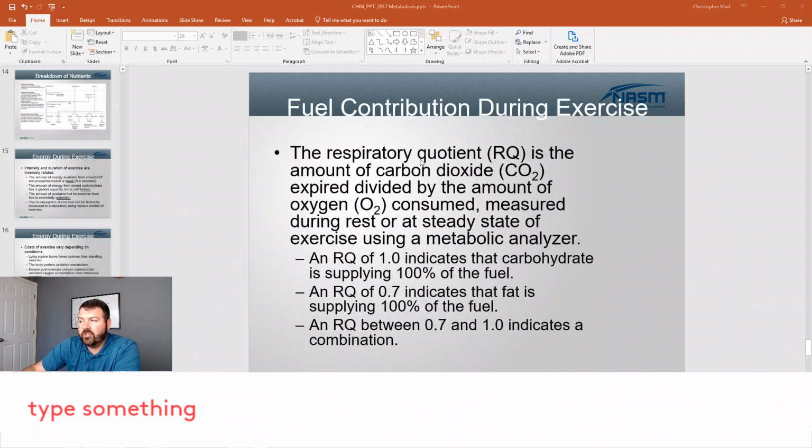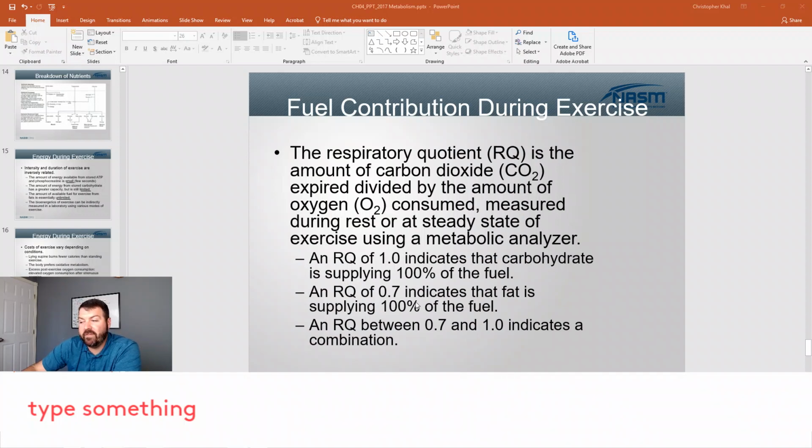And fuel contribution during exercise. So for this one, to get your respiratory quotient, it measures your CO2 and your oxygen consumption, and it varies. It's done through a metabolic analyzer, which looks identical to a breathalyzer for alcohol. And if it picks up a 1.0, it indicates that you're using primarily carbs for your fuel.